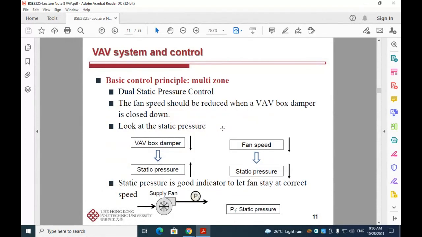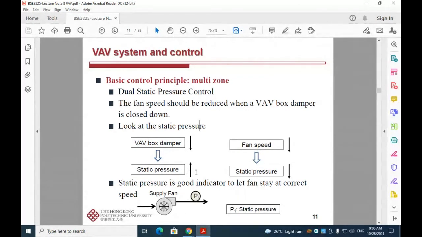Okay, to better illustrate that, we can see that the fan speed should be reduced when a VAV box damper is closed down. And if we look at the pressure, when the VAV damper is closed down, then the static pressure will be increased.